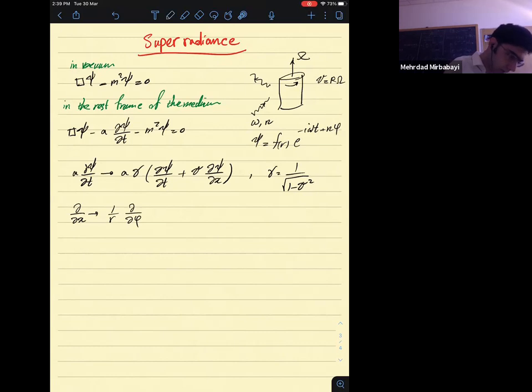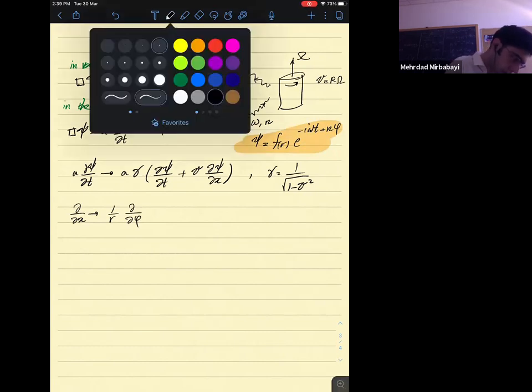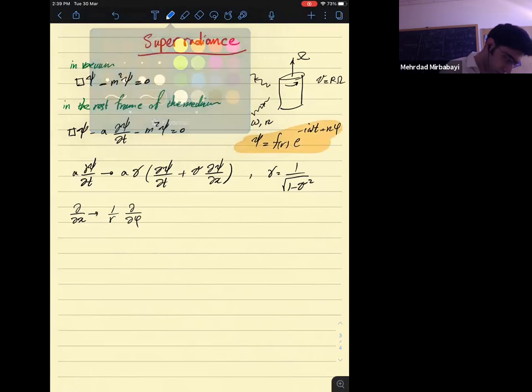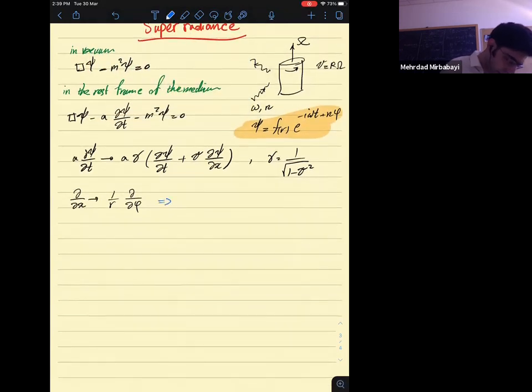And therefore, let us consider this form of psi, for which I will get the following equation. So what we get is A gamma, and from the time derivative, I get minus i omega.